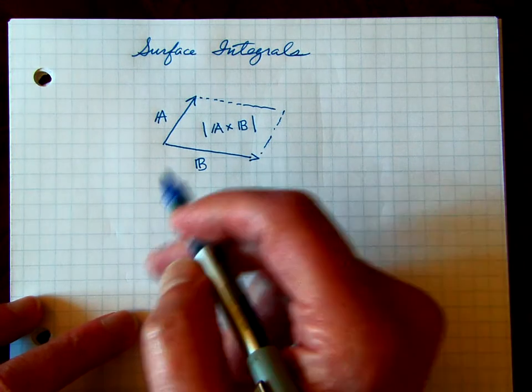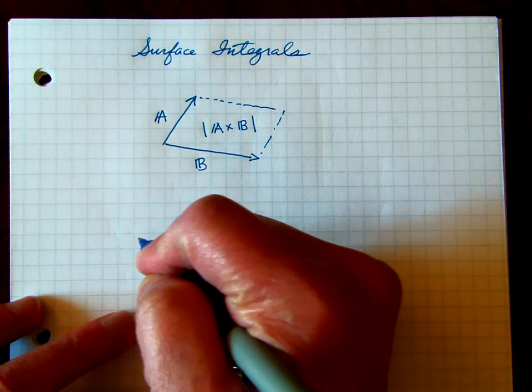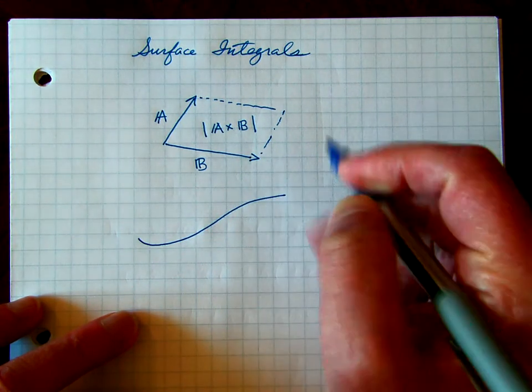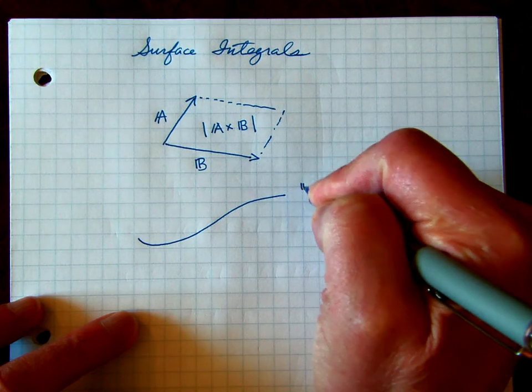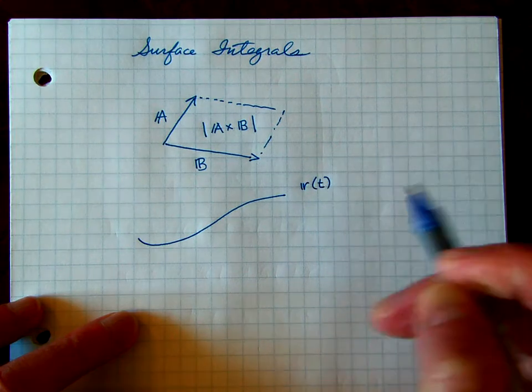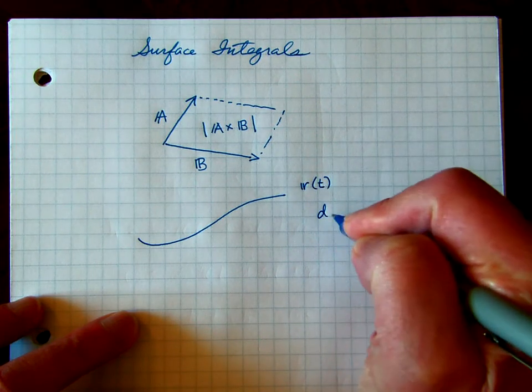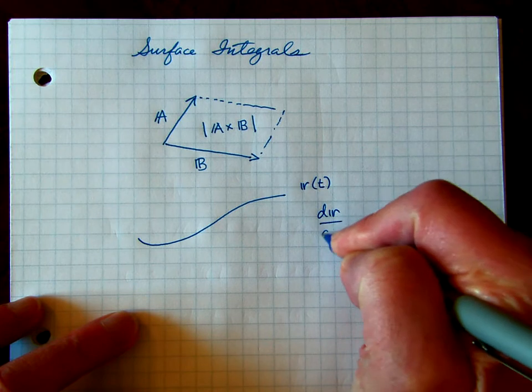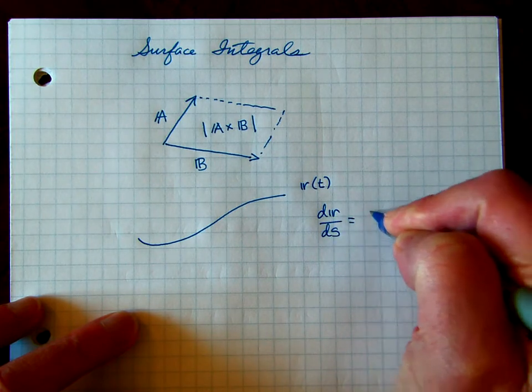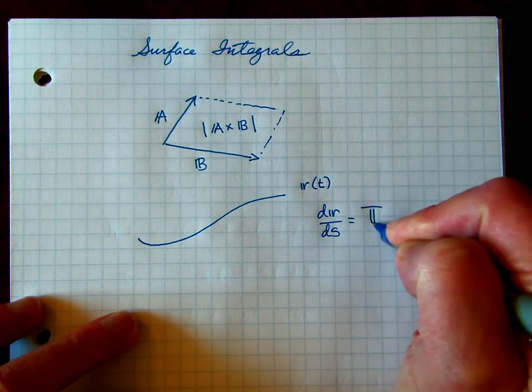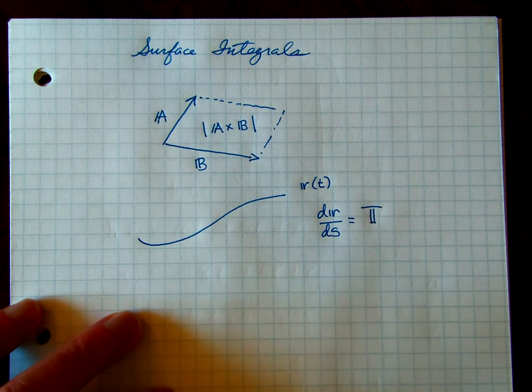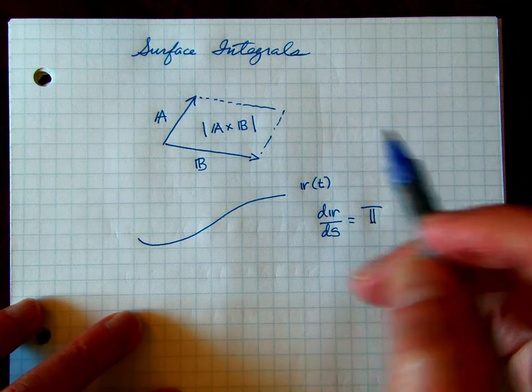Let me remind you of something else. If you have a trajectory in space defined by r of t, you may recall that the derivative of r with respect to arc length gives you the unit tangent vector in the direction of motion.